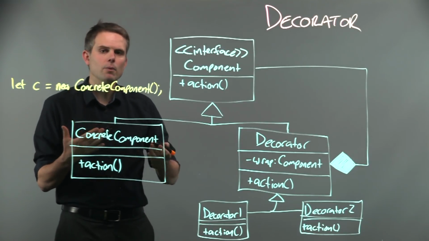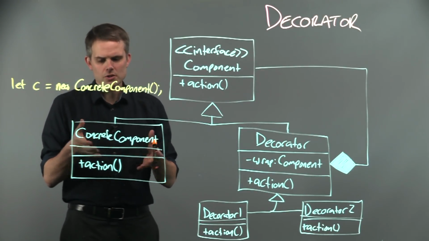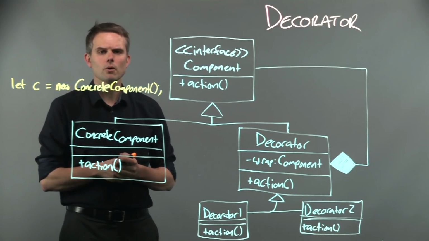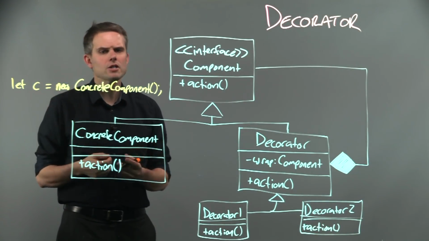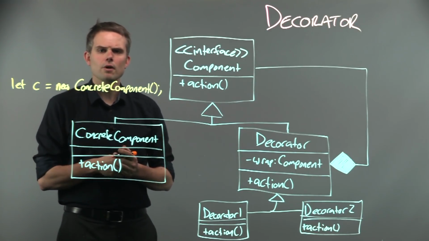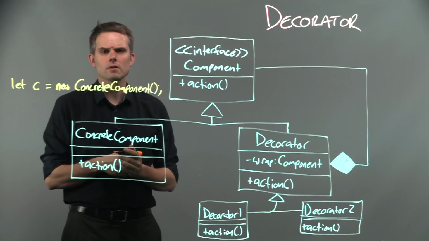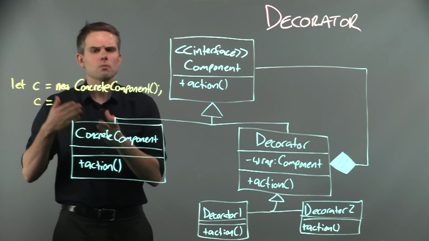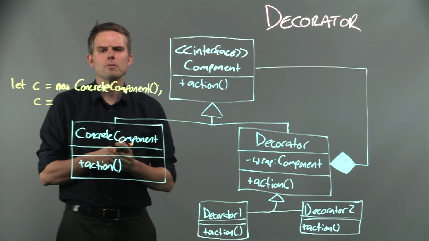Let's take a look at how we would go and use the decorator. So to instantiate a concrete component, you do exactly what you'd expect. You just say new concrete component. And when you call c.action, this action is going to be performed. But the magic in the decorator pattern happens when we start to wrap the object. So let's take a look at what that looks like. So first, we would just reassign c with the new wrapped type.